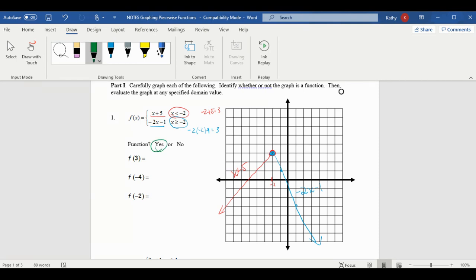Evaluating our function. Well, what about f of 3? To evaluate our function, we have to figure out which piece 3 is a part of. Well, 3 is greater than negative 2. So since 3 is greater than negative 2, we are going to use the second function in the list and evaluate negative 2 times 3 minus 1, and we end up with negative 7.